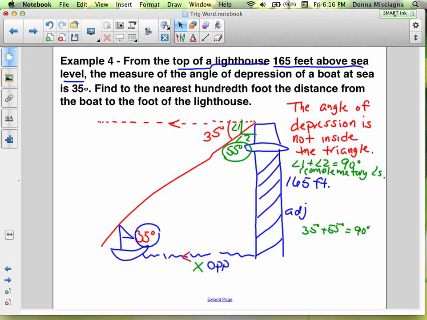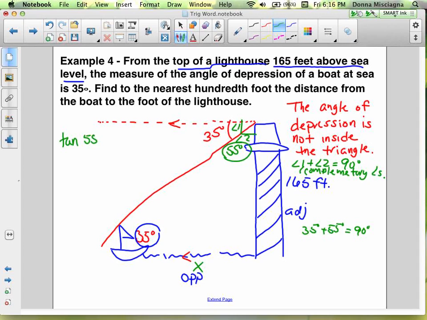Either way, you'll get exactly the same answer. It won't make any difference. Since I've already switched them, let's use the 55-degree angle. So tangent 55 equals, opposite is x, and adjacent is 165.